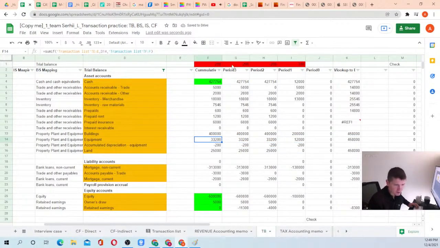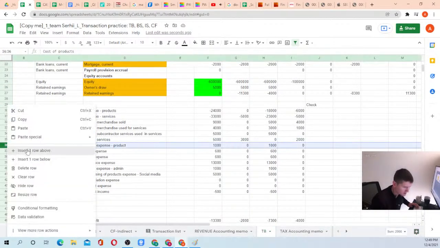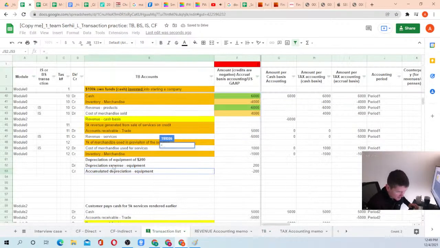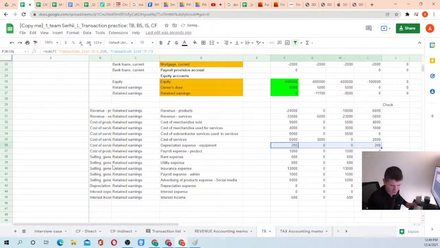We got the difference here. So now we need to go to our cost of products, cost of services, and we add here, we maintain the mapping, but we add here depreciation expense equipment, and we just copy our formulas here. So we got $200.